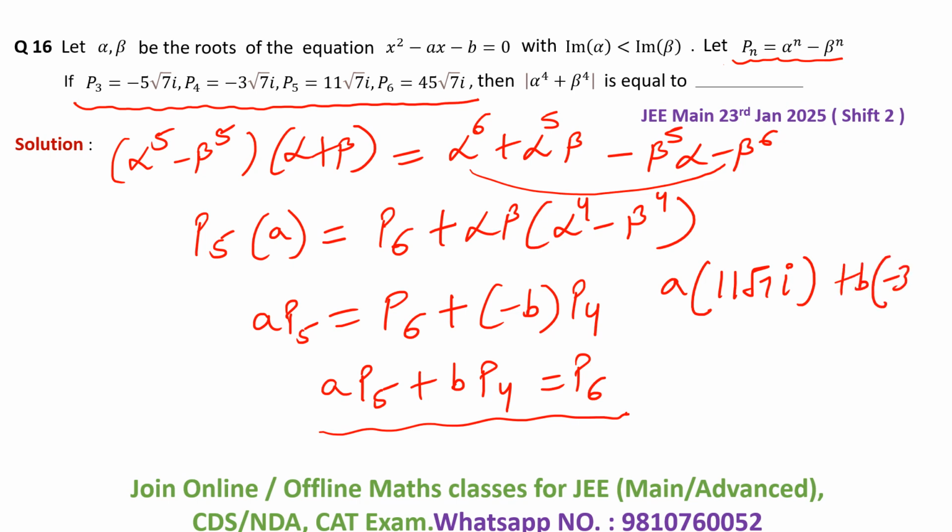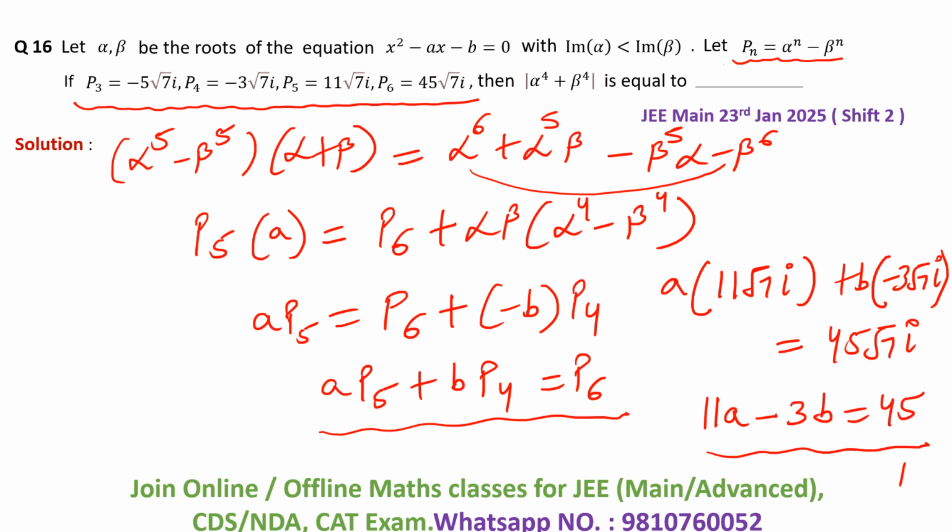It is minus 3 root 7 iota equal to P6, and P6 is 45 root 7 iota. Now root 7 iota gets cancelled throughout. So I will be getting 11A minus 3B equal to 45. Now students, this is our first equation.